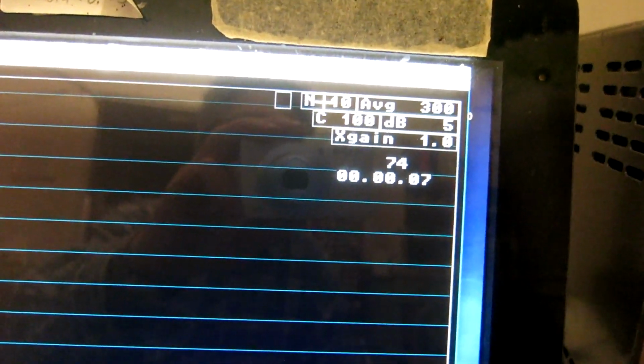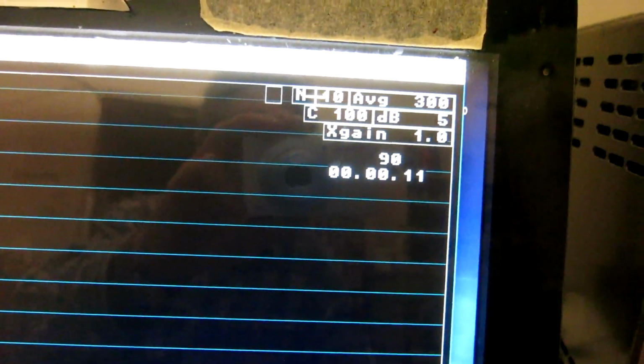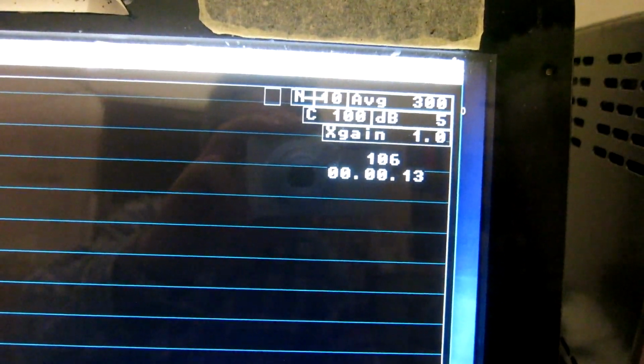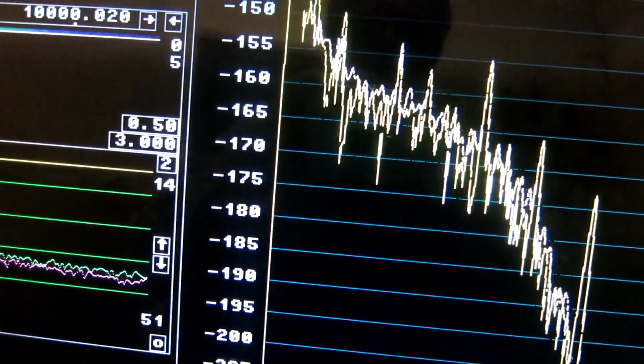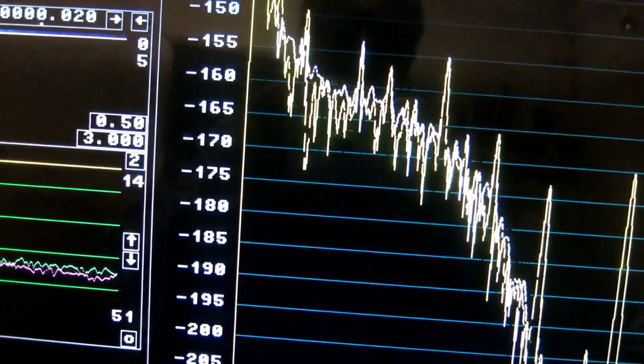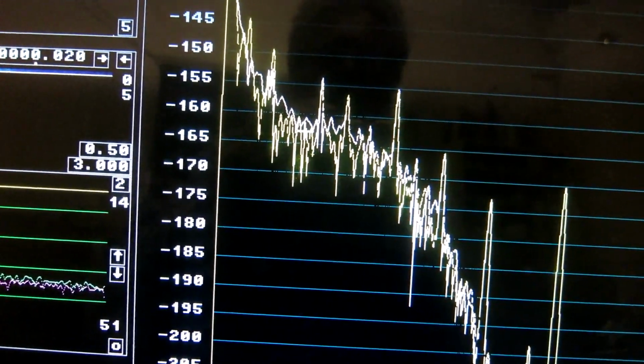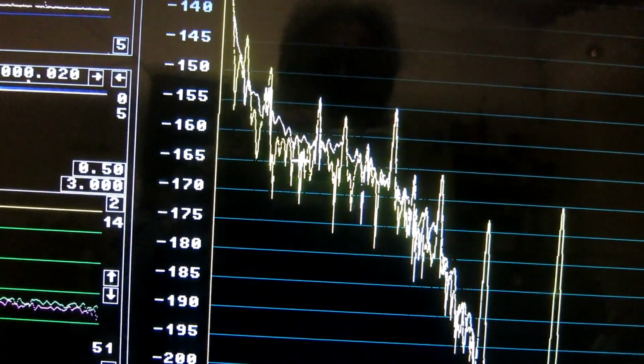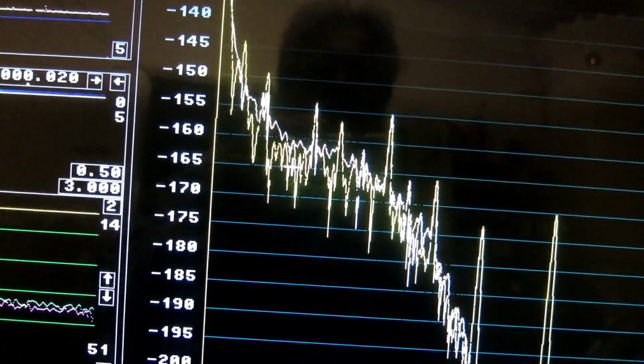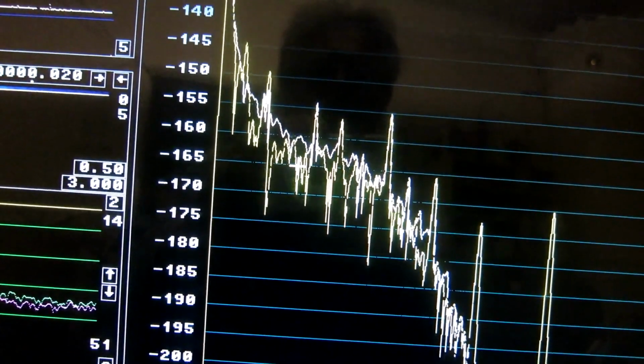And you see, it rapidly steps up several transforms at a time, and I can fairly quickly see what goes on. But it's difficult now to see what is a spur and what is really the noise.